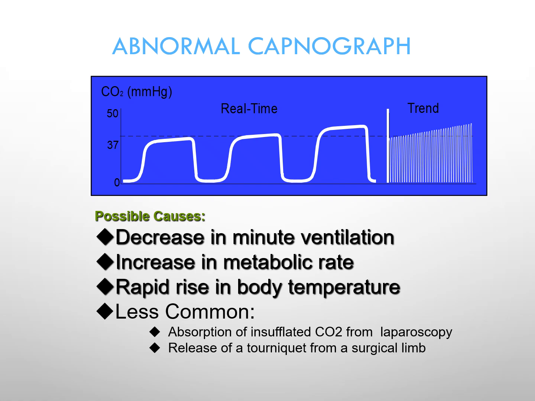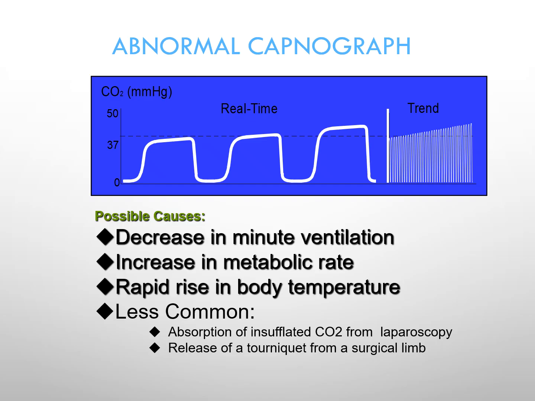The other example is not real common, but does happen. I've personally worked in 2 trauma centers where an individual may come in with a tourniquet. The trauma surgeons have gotten a hold of the patient and are working on the patient. They've stopped the bleeding and released the tourniquet, but you've had all of this anaerobic metabolism going on, with a buildup of CO2.